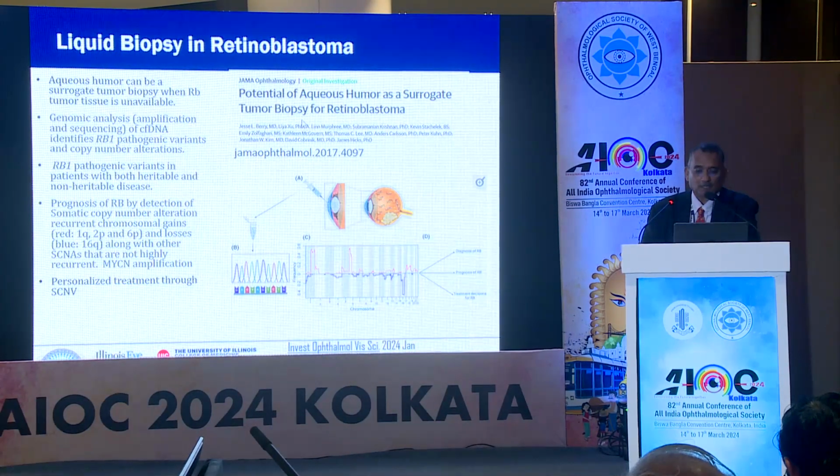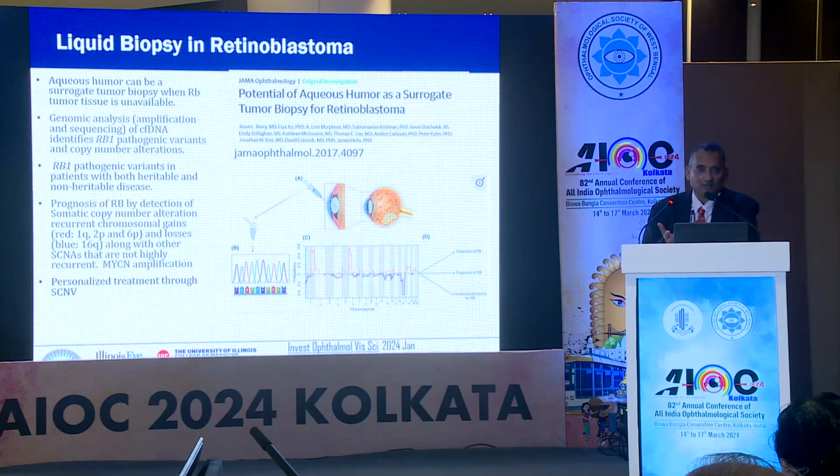So this is the paper that I was talking about. You can actually find cell-free DNA in the anterior chamber aqueous, and sticking a needle in the eye with retinoblastoma is not the best thing to do because of the risk of metastasis. From the aqueous, you can not only identify the RB1 mutations, but also look at copy number variations, which help in identifying prognosis, and also MYC amplification.